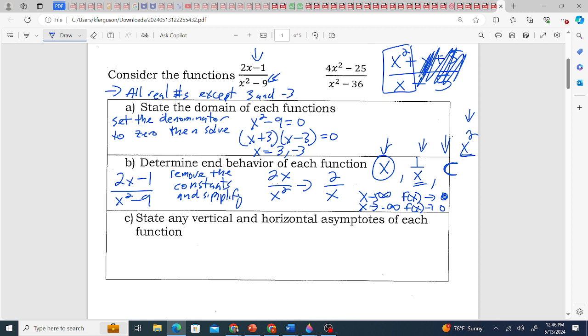Because they're being added or subtracted, you don't just cancel stuff off like they're being multiplied. It's a difference. So you would just focus on these two things, the highest power of x.